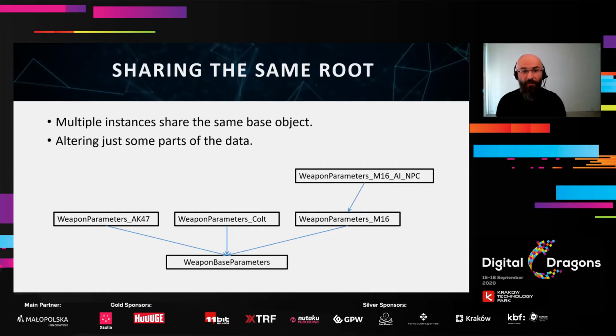So instead, we could just modify it in one place, in the weapon base parameters, and it would be inherited by every other weapon in our game. So this is also a very common way to define a set of different parameters for a set of objects. This is very useful, especially when we think about scaling the data and scaling our game.